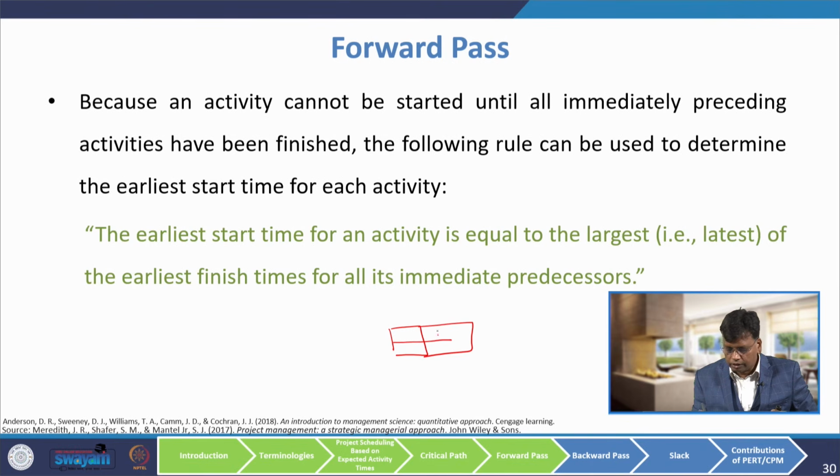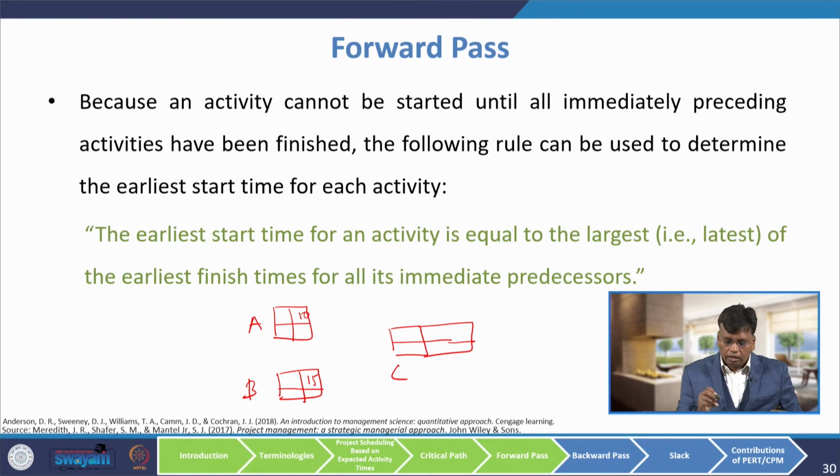There is an activity, and assume that there are two preceding activities. Here the earliest finishing may be 10, and here the earliest finishing is 15. Assume that this is activity A, this is B, and this is C. If you want the earliest starting time, you have to consider the largest value of the earliest finishing time of the preceding activities.